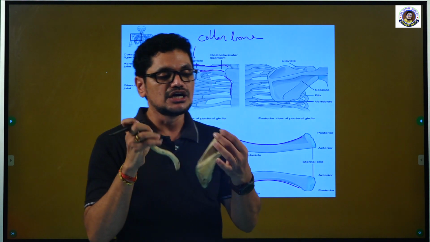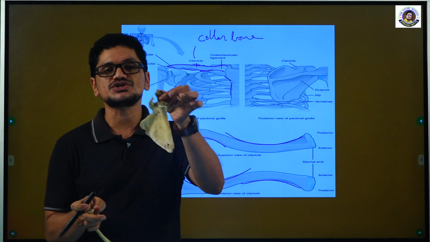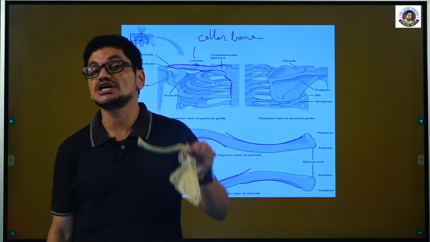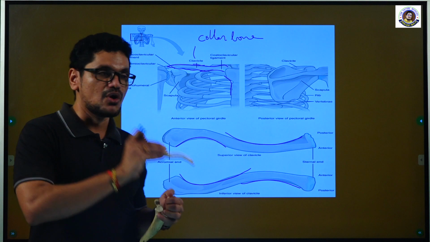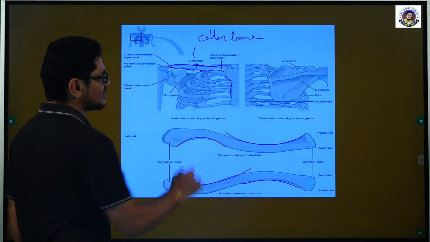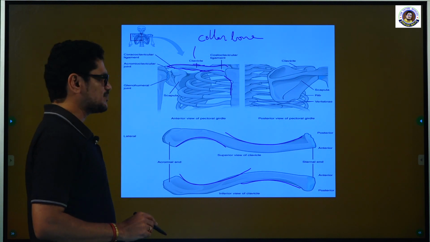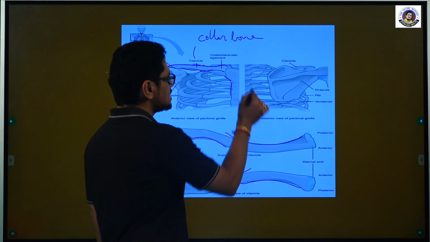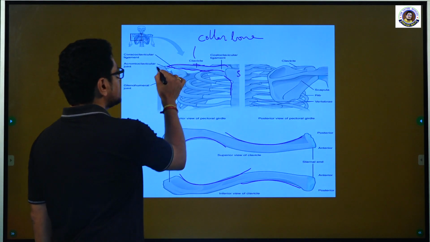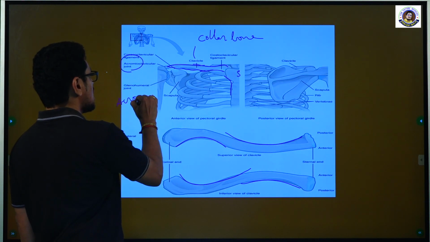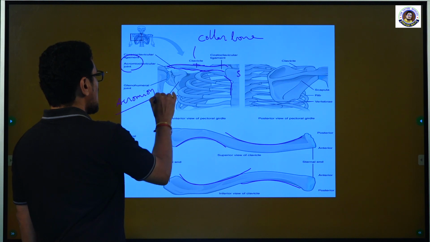Very important point: the acromion process is essential for articulation of the clavicle bone. So this is the clavicle, a double curved bar, a slender bar actually. On one side it attaches to the sternum, on the other side it attaches with the acromion process, A-C-R-O-M-I-O-N.